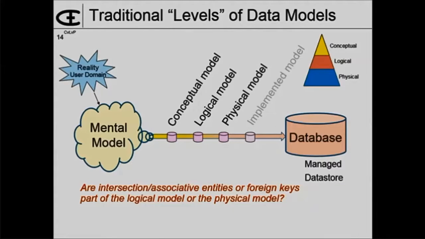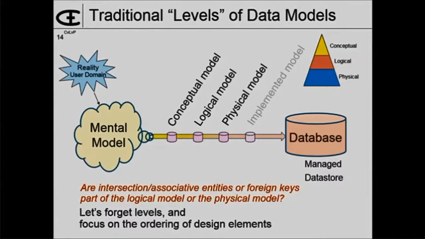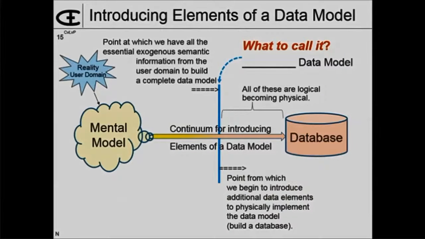Are intersection or associative entities or foreign keys part of the logical model or the physical model? Okay, where does this boundary occur? Let's forget levels and focus on ordering of design elements. That's what I'm doing. And I'm not going to go through the detail of that, but what I'm going to say here is there is the mental model, there's the physical implementation for the database.